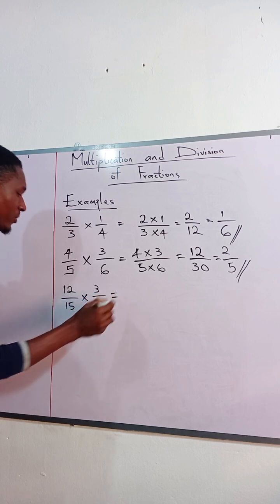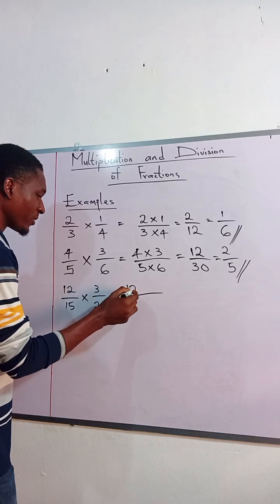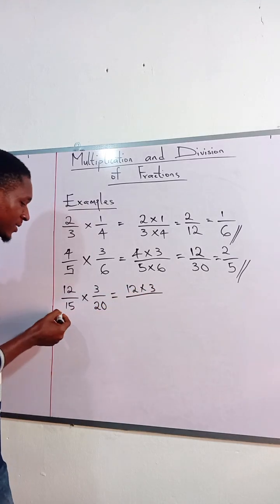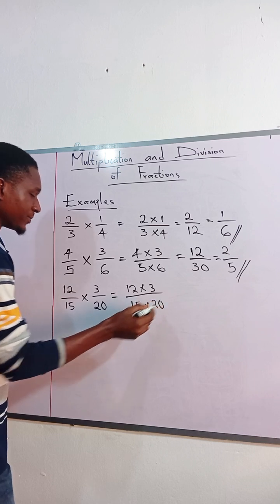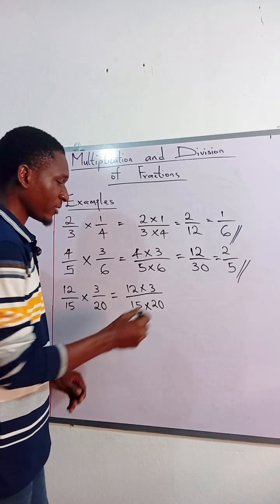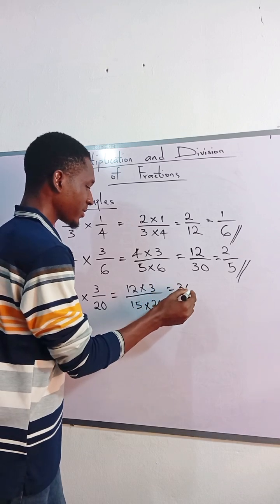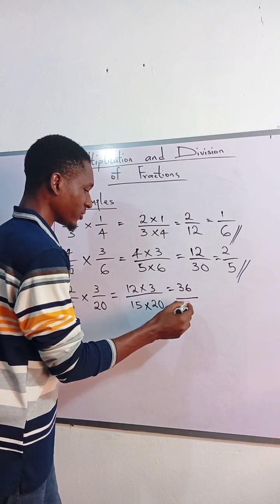You see, these are huge numbers. When you multiply the numerator, you are going to have 12 multiplied by 3 and the denominator 15 multiplied by 20. So 12 multiplied by 3 is 36, out of 15 multiplied by 20 is 300.